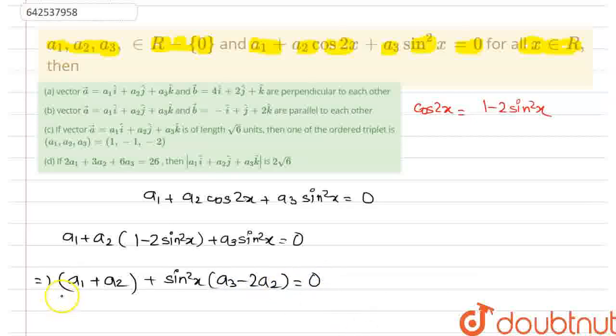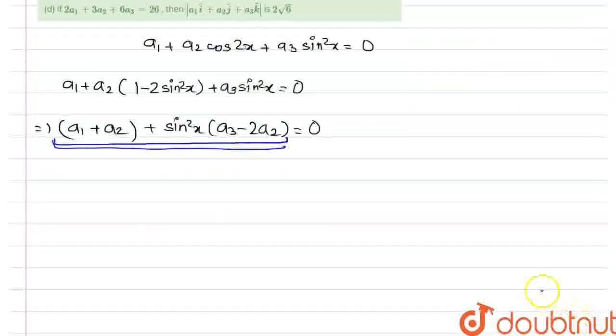Now from here, understand things properly. We want this term to be equal to 0 for all values of x. That is, no matter what values of x we take, this will be equal to 0. That in simple terms means that we want this term to be independent of x. So we can make this term independent of x by taking the coefficient of sin square x as equal to 0.